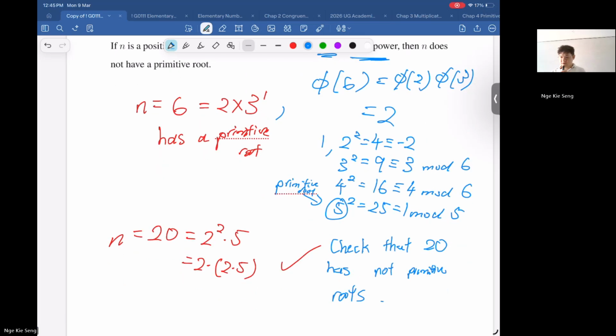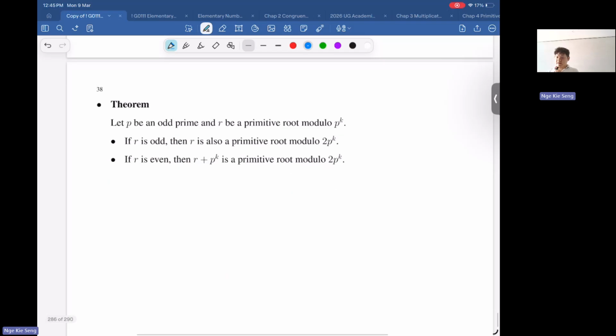Okay, so next, let p be an odd prime and r be a primitive root mod p to the k. If r is odd, then r is also a primitive root modulo 2 times p to the k. If r is even, then r plus p to the k is a primitive root mod 2 times p to the k.